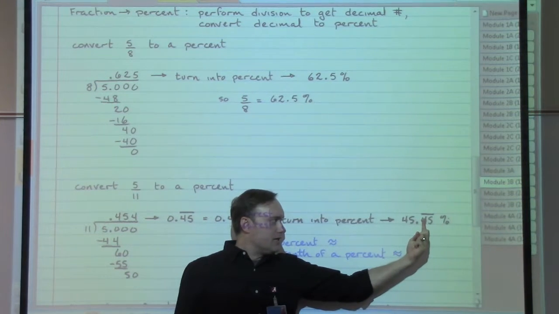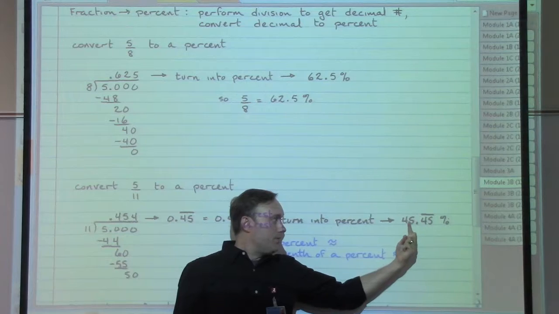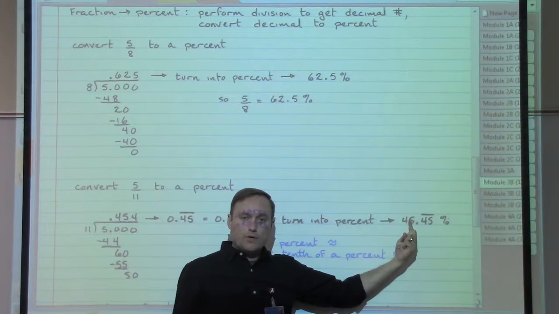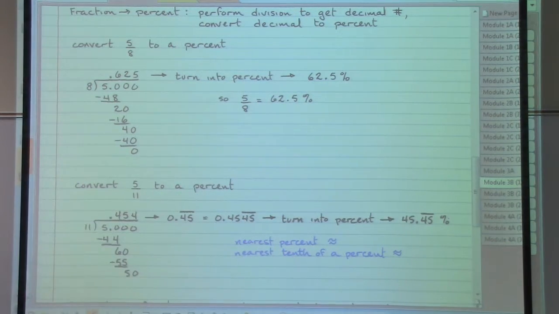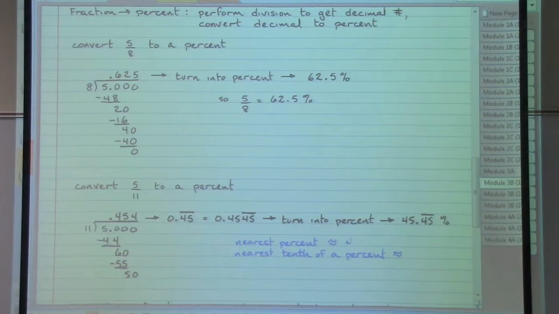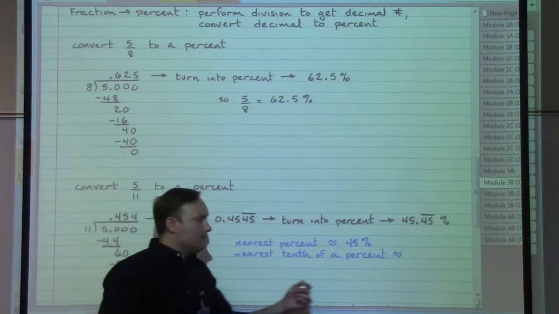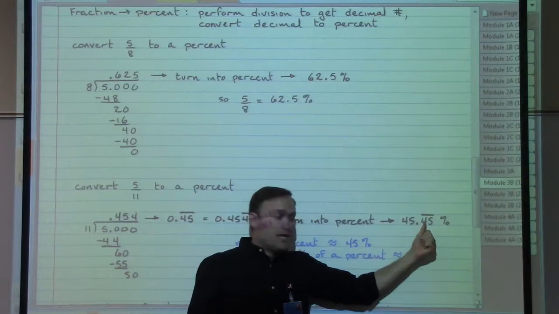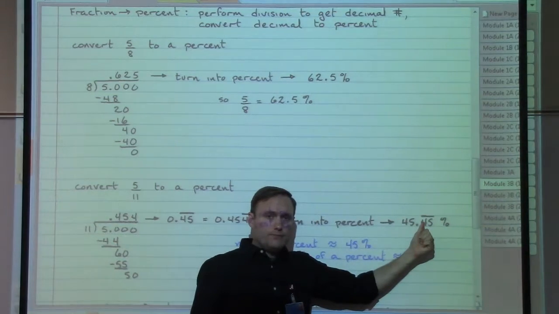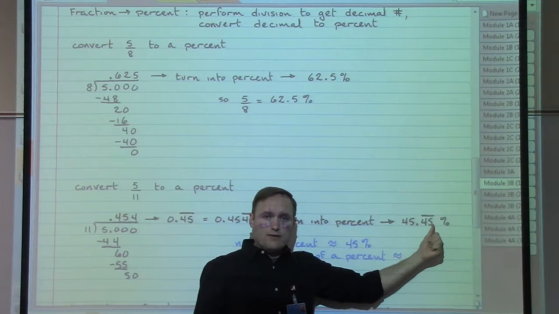So immediately after the decimal point is a 4. That means that we would keep the number in front of the decimal point the same to give us an answer of 45%. If we're going to round to the nearest tenth of a percent, the tenths place has the 4 in it. We need to use what is to the right of that, which is a 5.